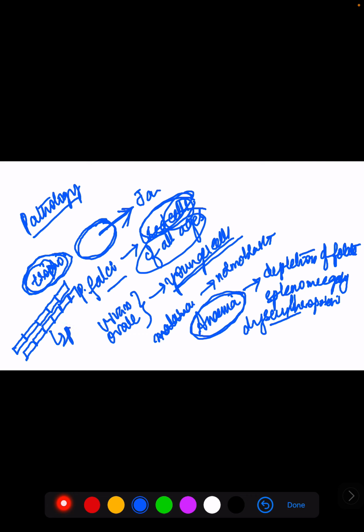This occurs in the brain, kidney, liver, lungs, and gut.